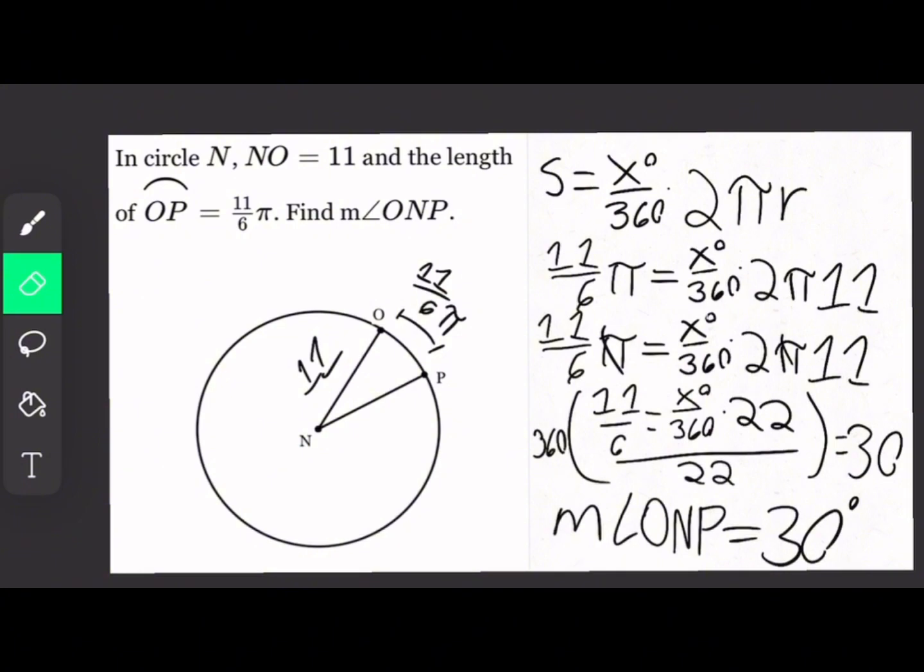Plug 11 over 6 pi in for arc length and equate that to missing degrees over 360 times 2 pi times 11. Do all of the things that you see me doing in the equation.